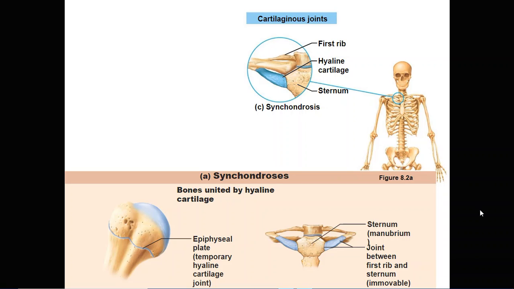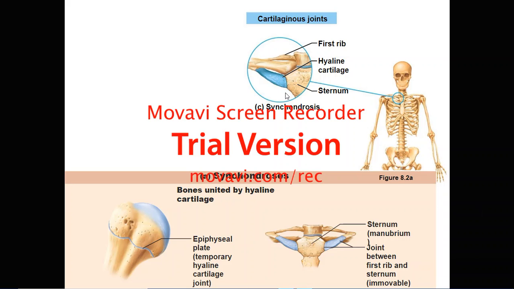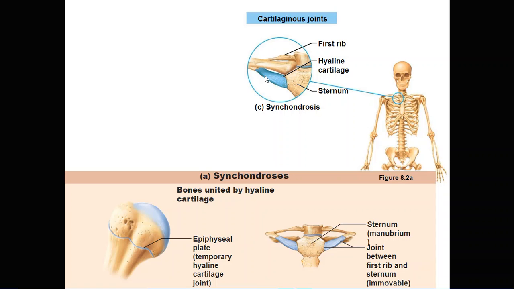Okay, that's a synchondrosis joint. And then they have it up at C, they have it zoomed in, so you can see that figure even better. And you can see again, it's hyaline cartilage between the sternum and the first rib right there.